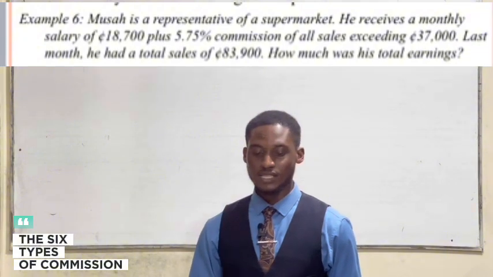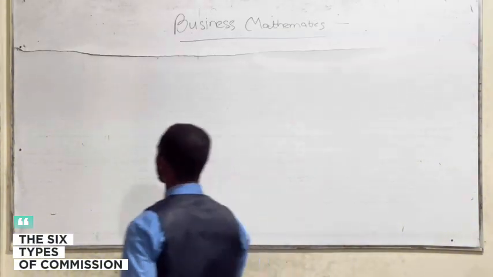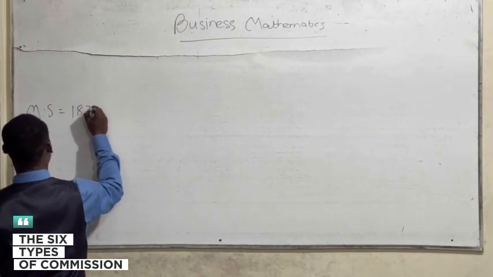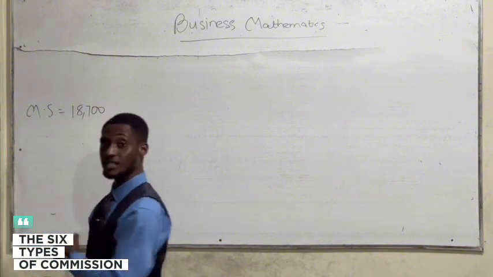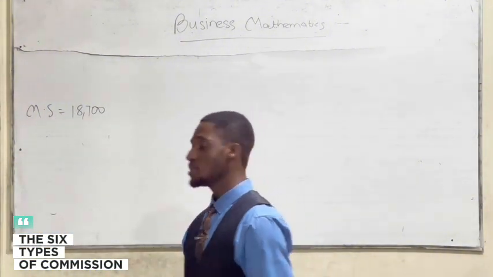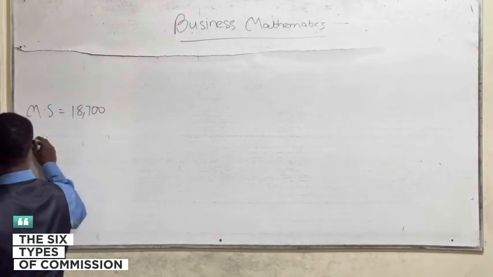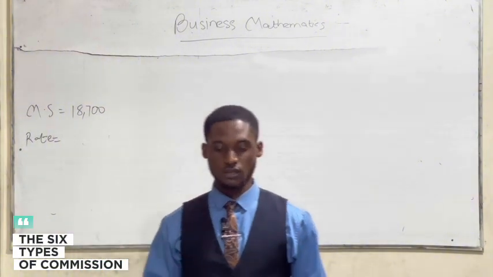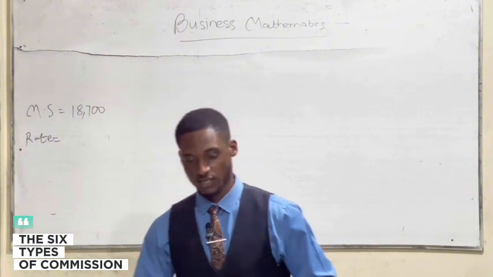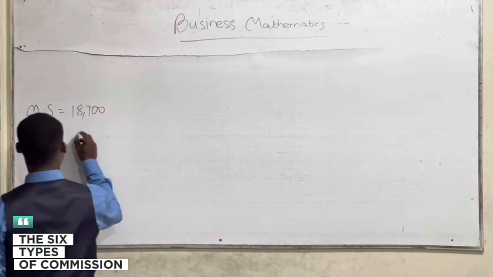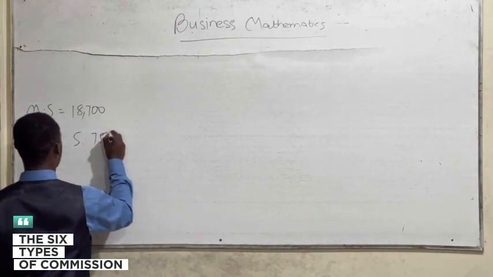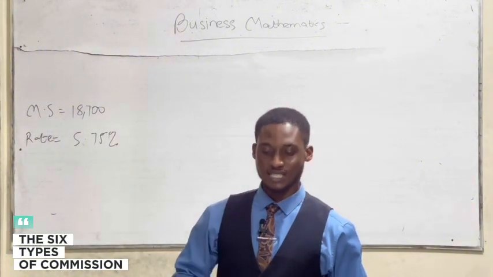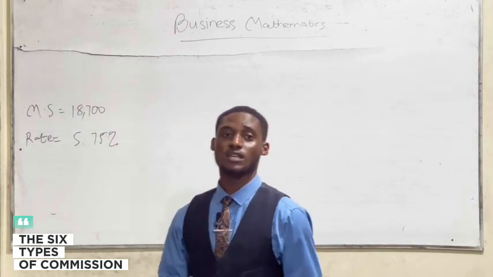He receives a monthly salary of 18,700, and his rate, as stated in the question, is 5.75% commission on all sales exceeding 37,000. So 37,000 here is our quota.